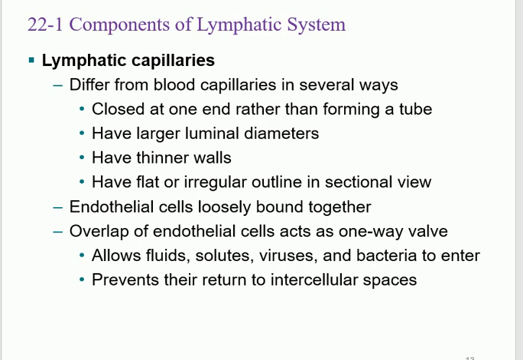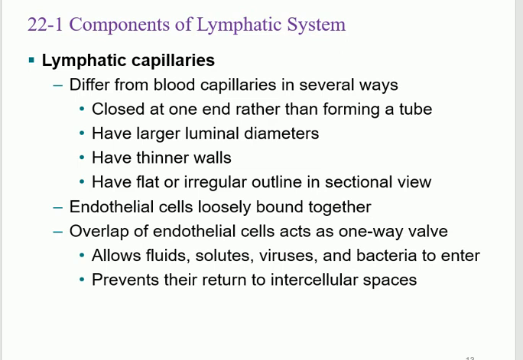The other thing is we never mentioned valves in the regular capillaries. We mentioned those in the venules and veins. But the lymphatic capillaries do have valves, and this valve is just an overlapping of cells. It's not a real valve. Instead of being end to end, there is an overlap.